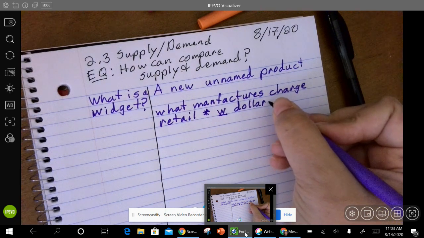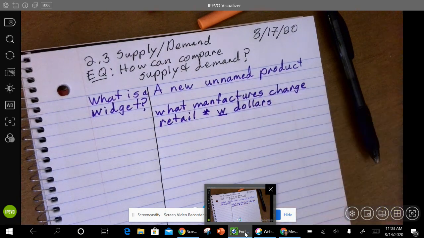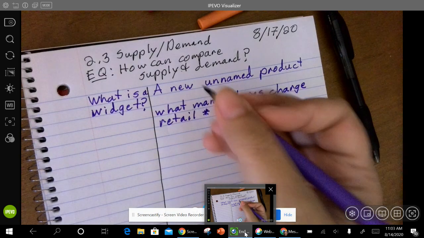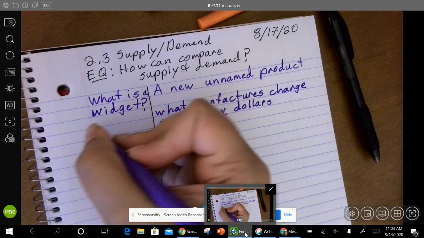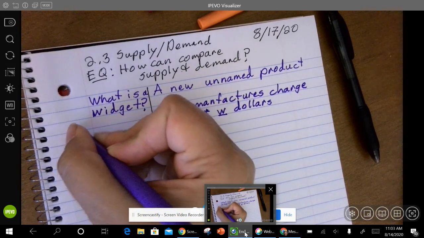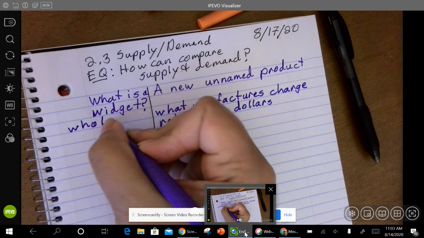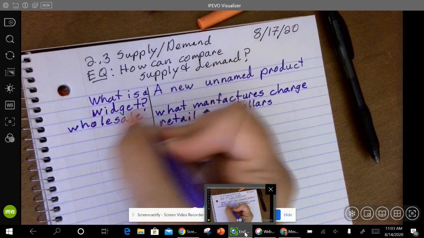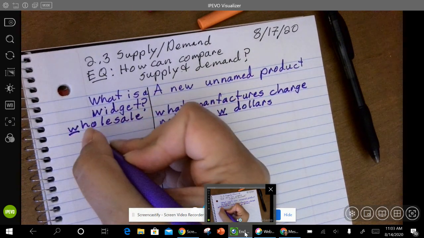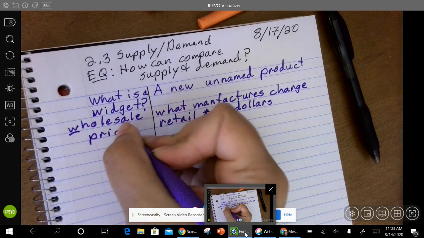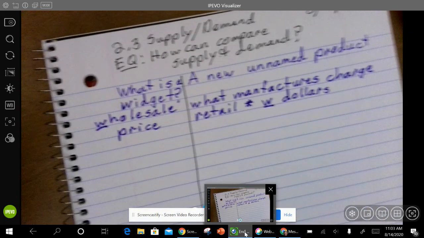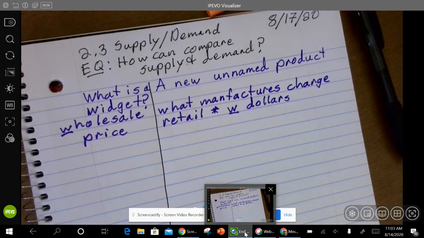So they're the ones that are the manufacturers. That's what they charge the retail. Okay, the retailers. And so we use a W for wholesale. So wholesale price. So it's a W.